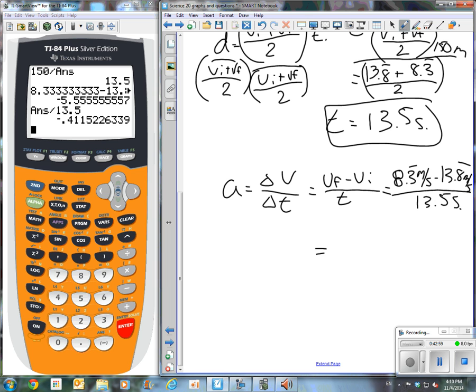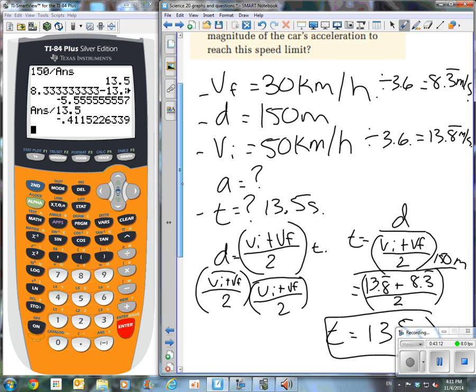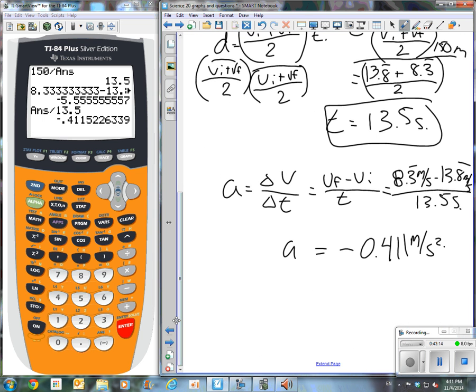So acceleration equals negative 0.411 meters per second squared. Proper amount of significant figures here is 2, so this goes negative 0.41 meters per second squared. Negative meaning we're decelerating, right? So we're slowing down, which makes sense given the question.